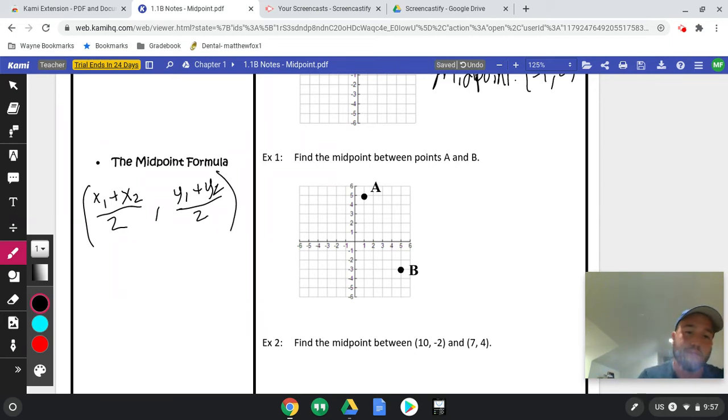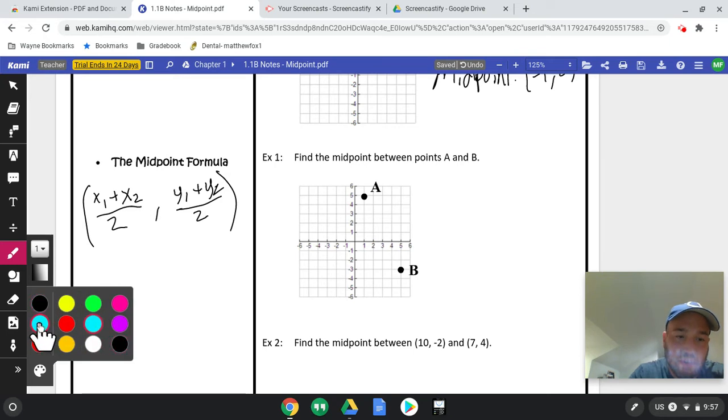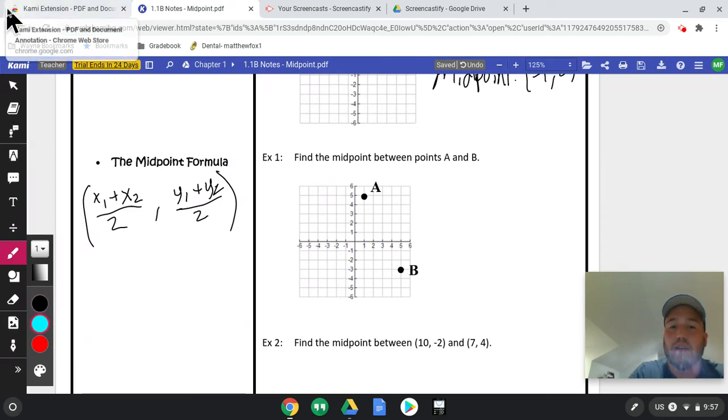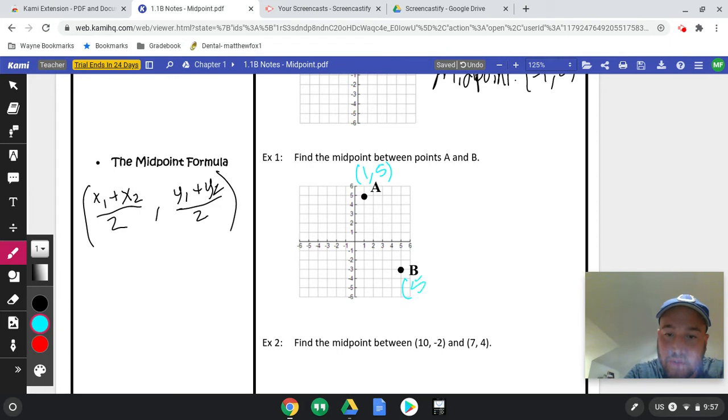When we're looking to solve this problem, the first thing we should do is, it says find the midpoint between points A and B. So first we need to identify the coordinates of A and B. A is over 1 to the right, up 5, so that will have a coordinate of 1, 5. B is over 5, down 3, or 5, -3. Now we can simply plug them into our formula.